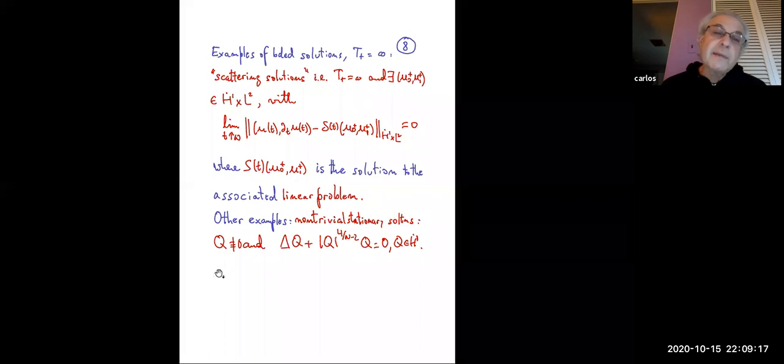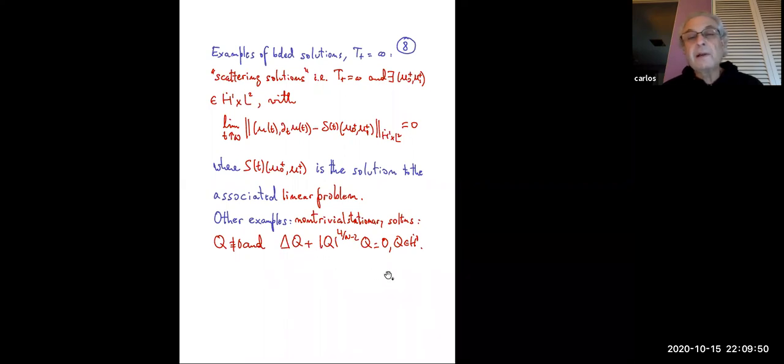The first examples come where in the equation we forget about the t dependence and look at solutions that depend only on x. We call them stationary solutions because they don't depend on time. And any solution of this nonlinear elliptic equation, let's say not identically 0 because the 0 solution is not interesting, is a solution also of the nonlinear wave equation.